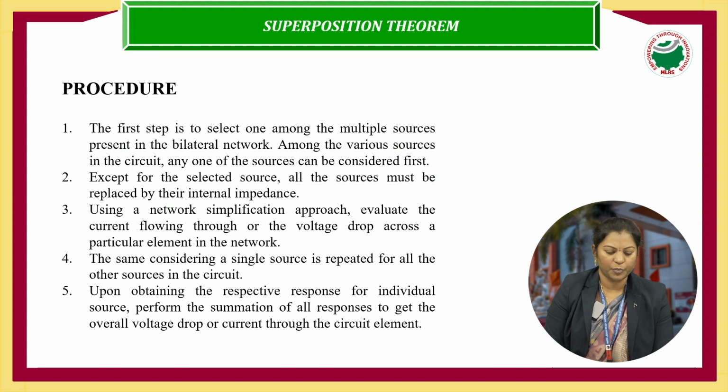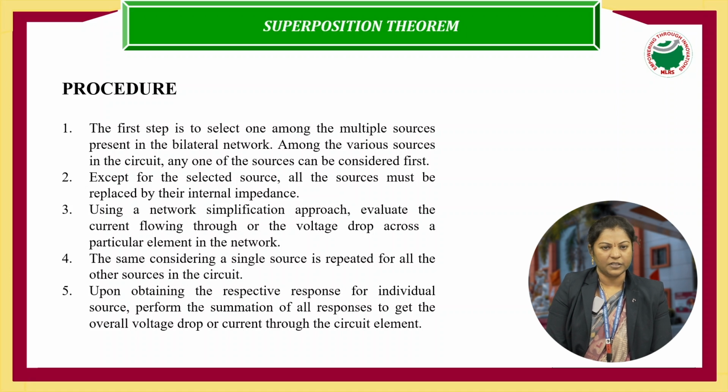Next, coming to the procedure: how to apply the superposition theorem. In the first step, we select among the multiple sources. If the circuit contains two or more sources, we take only one source at a time and calculate the response. Response means voltage or current in a particular element, such as a resistance or inductance.